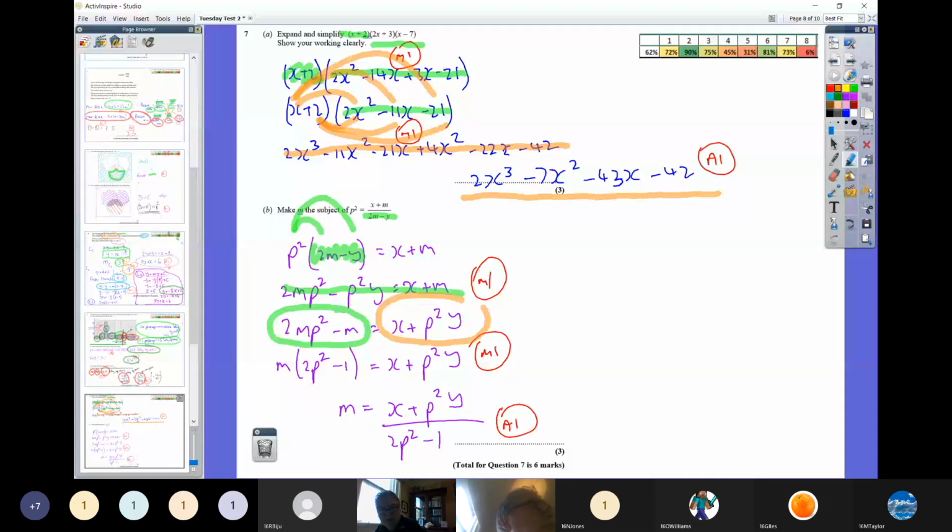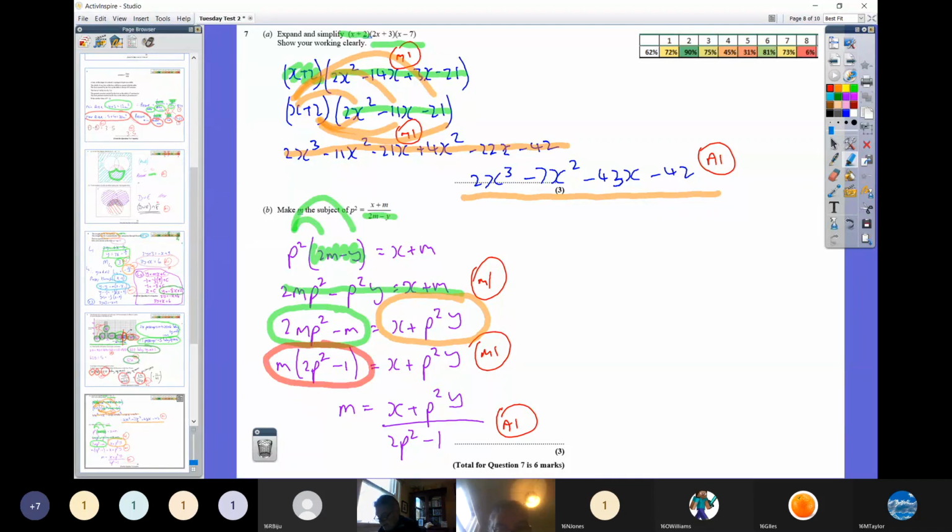Bit of a lag, but it will come through in a second. There we go. Because I've done that, and this is the clever bit, I can now factorize the left-hand side and take the m out.